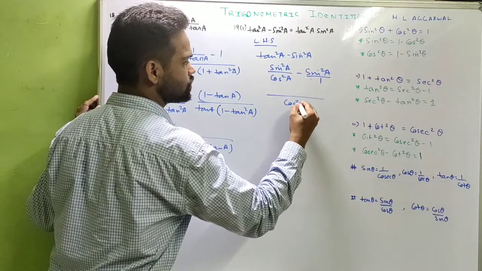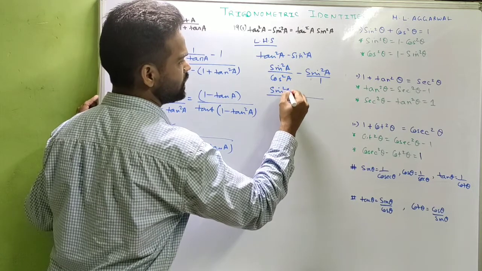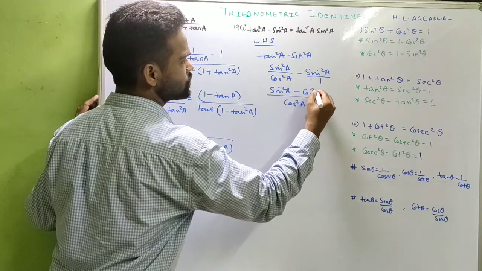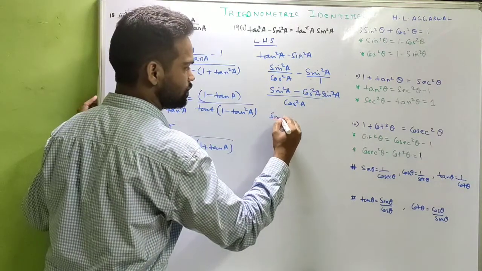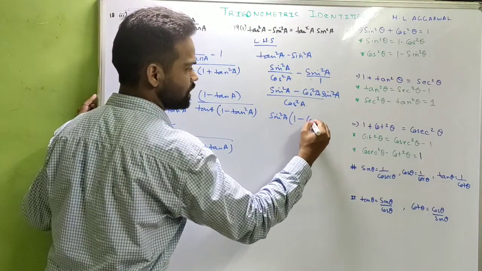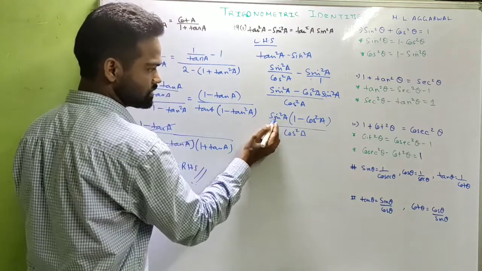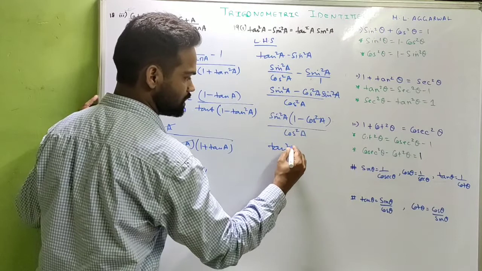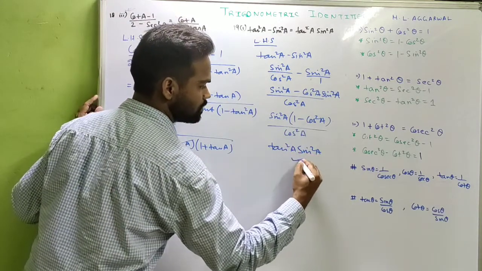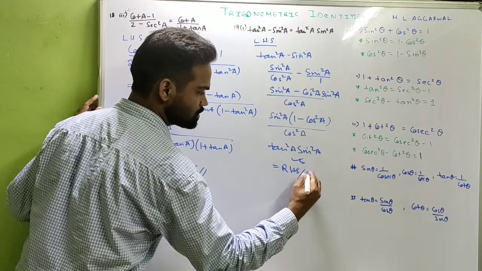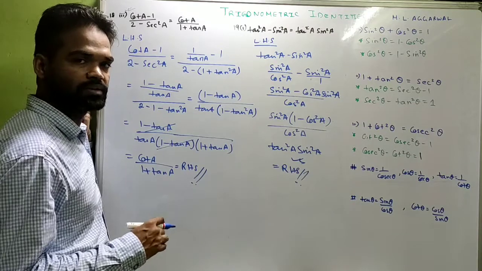So this is cos square A. So this is sine square A minus cos square A sine square A. Take sine square A common. So this is 1 minus cos square A left by cos square A. Now sine by cos is tan. So tan square A, and 1 minus cos square A is sine square A. This is equal to RHS. Proved. Very easy. Done. Now let us look at the next sum.